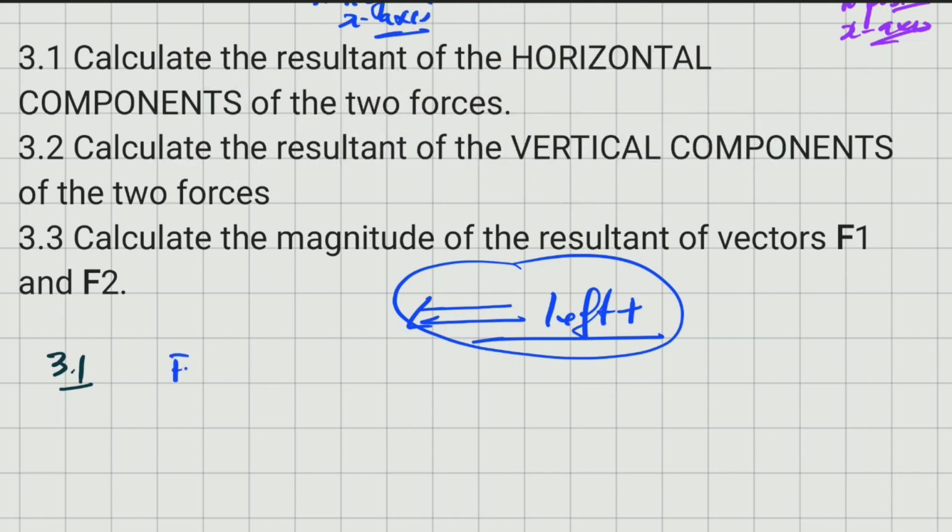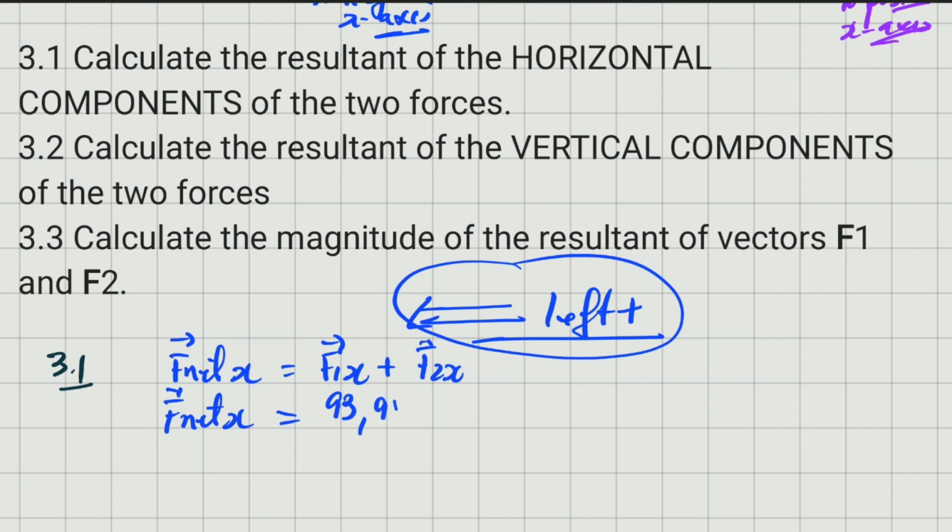We're going to say that F net in x, because that is the one we are calculating, is equal to F1 in x plus F2 in x. All right, now what forces do we have here? F net in x is equal to F1 in x, which is 93.97, minus, this one is going to be negative, 81.92 newtons.